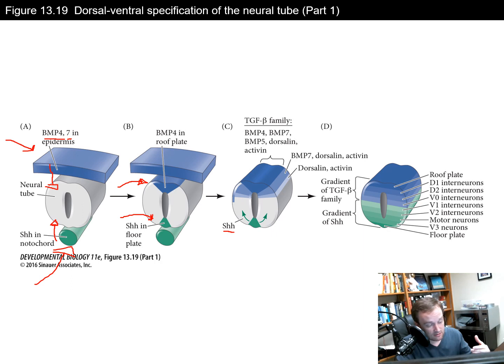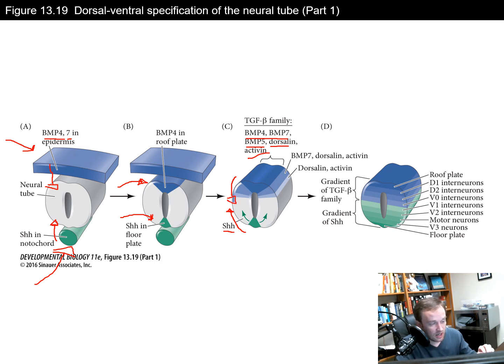So the floor plate will secrete more sonic hedgehog, which will diffuse dorsally, and the roof plate will secrete these TGF-beta family paracrine factors, which are BMP4 and BMP7, the ones that created the formation of the roof plate, in addition to BMP5, dorsalin and activin, and that will diffuse ventrally.